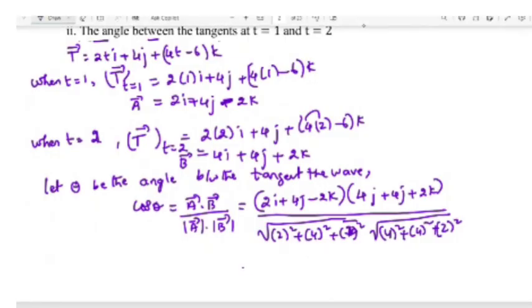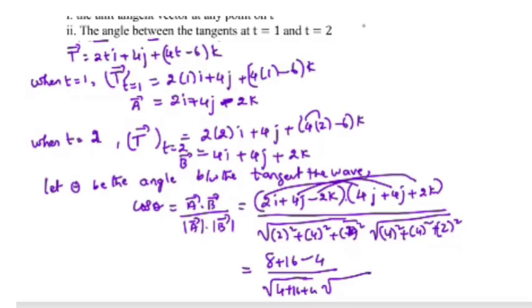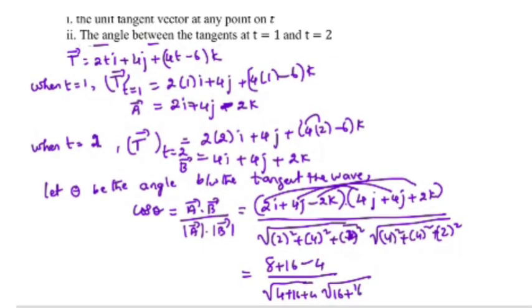Now when you have a dot product, we have to just multiply the numbers. 4 2s are 8 plus 4 4s are 16 minus, plus into minus is minus, 2 2s are 4, divided by root of 4 plus 16 plus 4, then into root of 16 plus 16 plus 4.